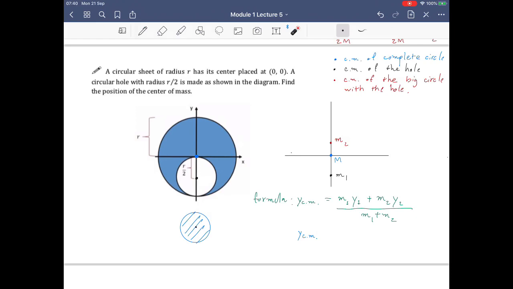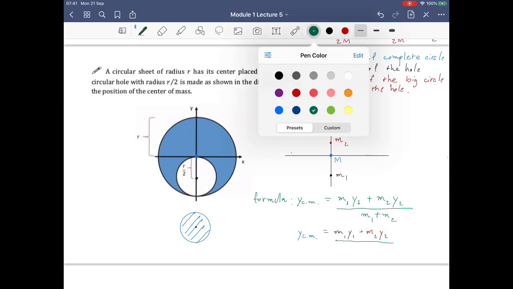ycm, which is the center of mass position of the blue one, must be equal to (m1 y1, where y1 is the position of the center of mass of m1), plus m2 y2, where this y2 is the position of the center of mass of m2, and it is what we would like to find.